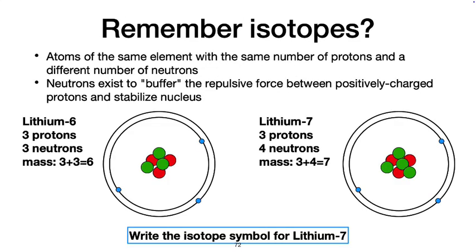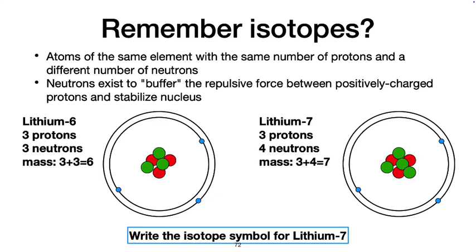If we go back and talk about our 151 isotopes, we had different isotopes. In this case, we're looking at lithium-6 and lithium-7. How do we know we're looking at lithium-6 and lithium-7? The amount of protons is what signifies that we're looking at lithium, as opposed to beryllium or boron or carbon.